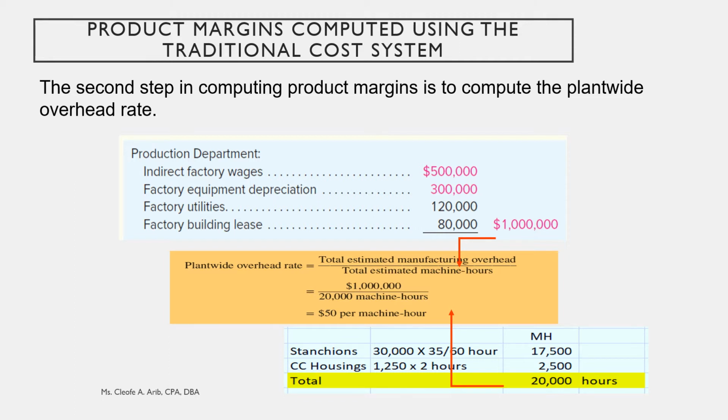And then part also nung given sa dalawang products natin earlier is that for stanchions, you will be needing 17,500 machine hours. And then for your custom housings, you will be needing 2,500 hours. So that will give us a total of 20,000 hours. So 1 million divided by 20,000 machine hours, you get 50 per machine hour as your plant-wide overhead rate.